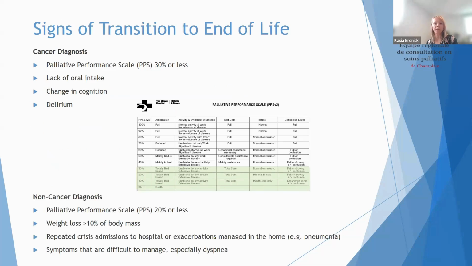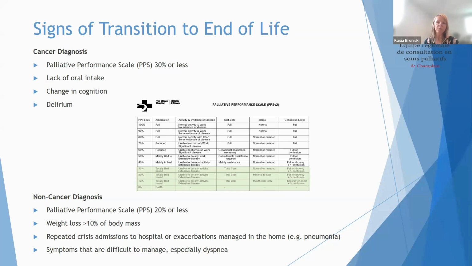So how do we know somebody is transitioning to the end of life? In the palliative care world, we often hear of the PPS, the Palliative Performance Scale, which helps to give us a picture of where that individual is in that moment in time relating to some domains such as ambulation, activity level, self-care, intake, and their level of consciousness.